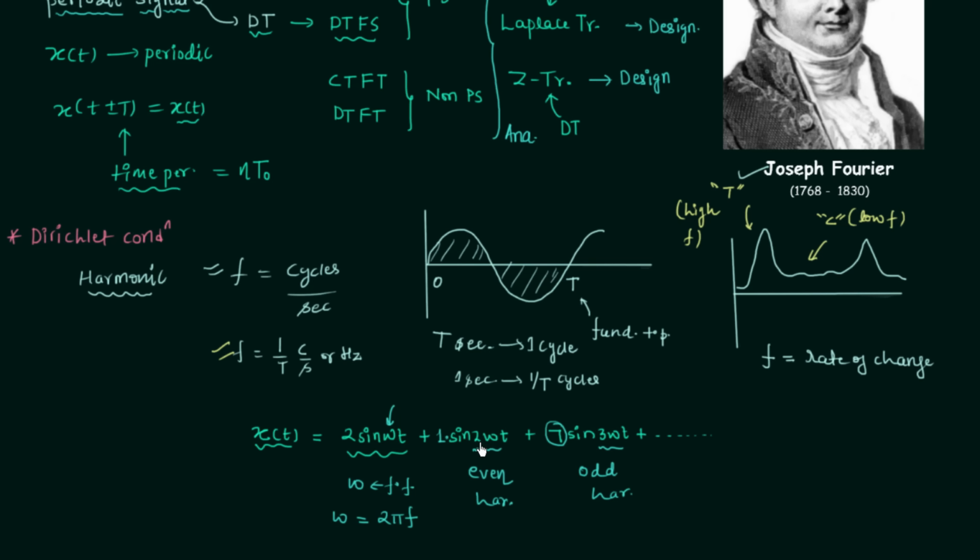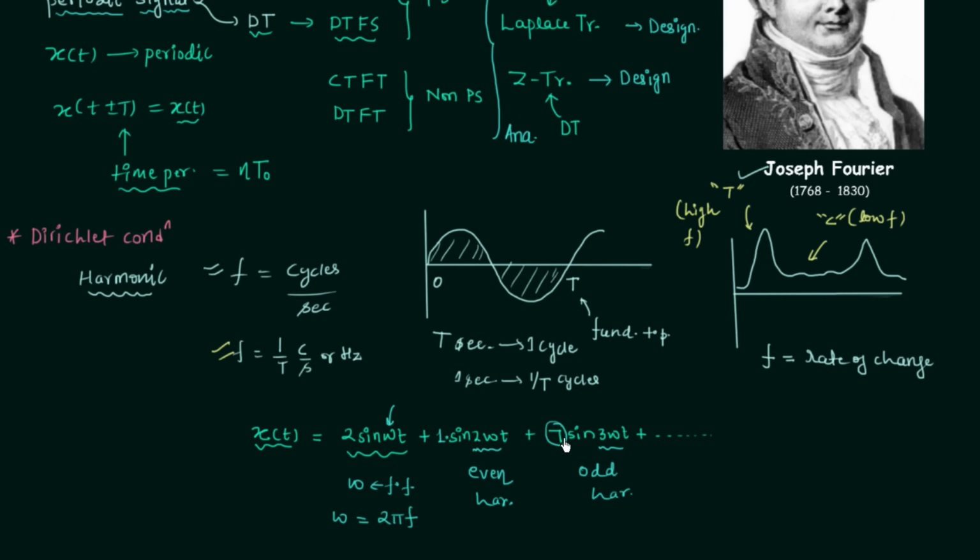Whenever you have different frequency components along with the fundamental frequency component, we say harmonics are present in the signal. And this is what we want to perform the analysis. And we can have the same result from the waveform of the signal using the Fourier series. So we want to analyze this signal, and for that we want to analyze the harmonics present.